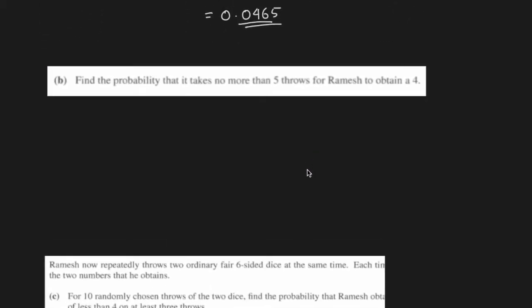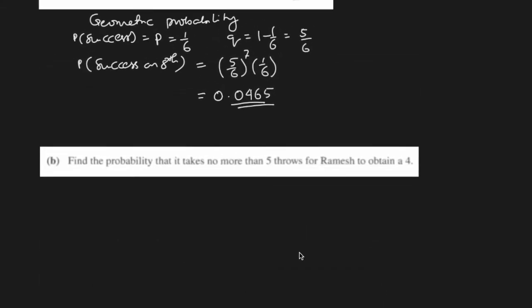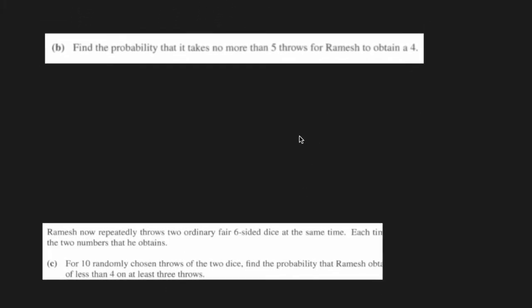Find the probability that it takes no more than 5 throws for Ramesh to obtain a 4. Same 4. So again, the probability of success is 1/6 and the probability of failure is 5/6. Now look very carefully at what I'm trying to say.